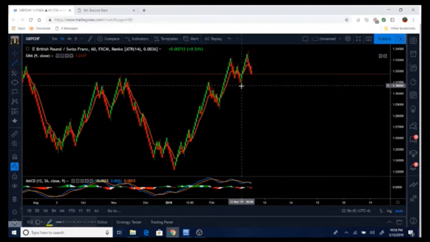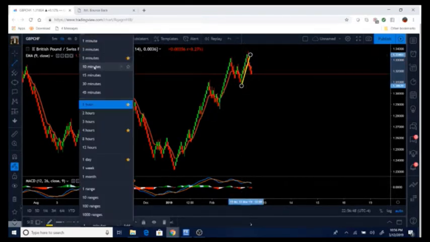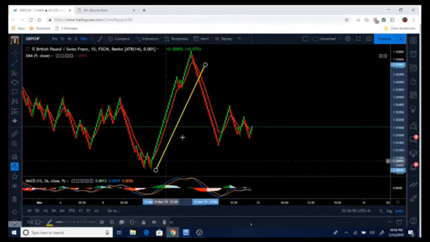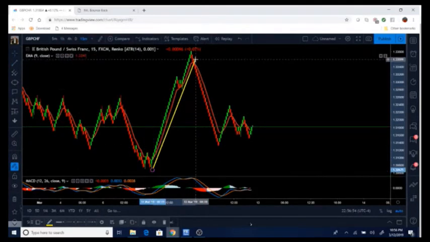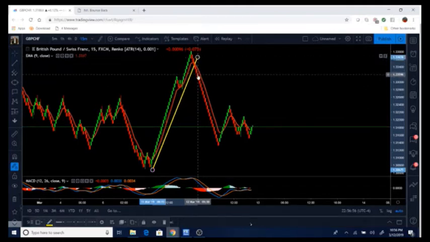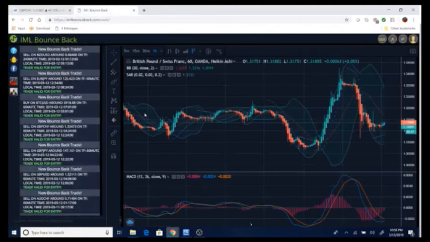Again, before this drop happened, I would have identified this uptrend. Now I'm on my 15-minute time frame, and then voila. This is how you could have gotten a better entry on Bounce Back. See how you can tie the two together? So sell 133.473.